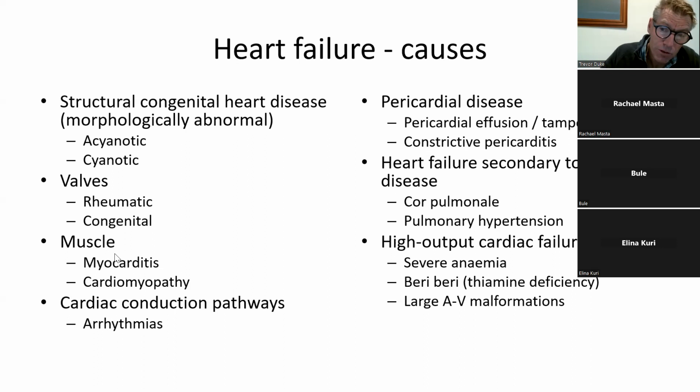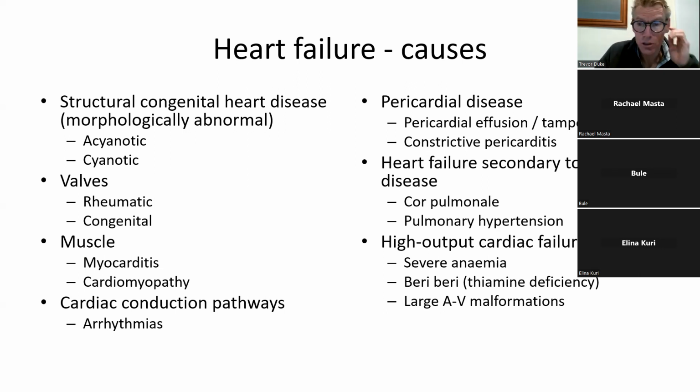And then you can have problems of the heart muscle itself. I don't mean holes in the heart, I mean a structurally normal heart, but there are problems with the heart muscle. They can be either acute inflammatory, like myocarditis, or some form of congenital muscle problem, like a cardiomyopathy.